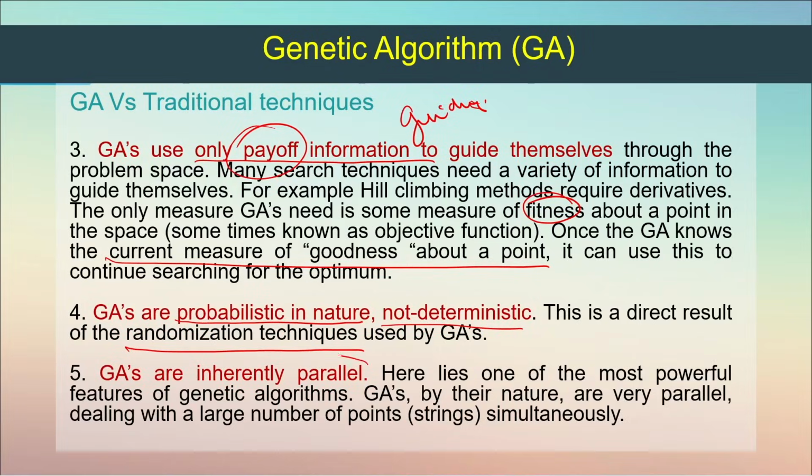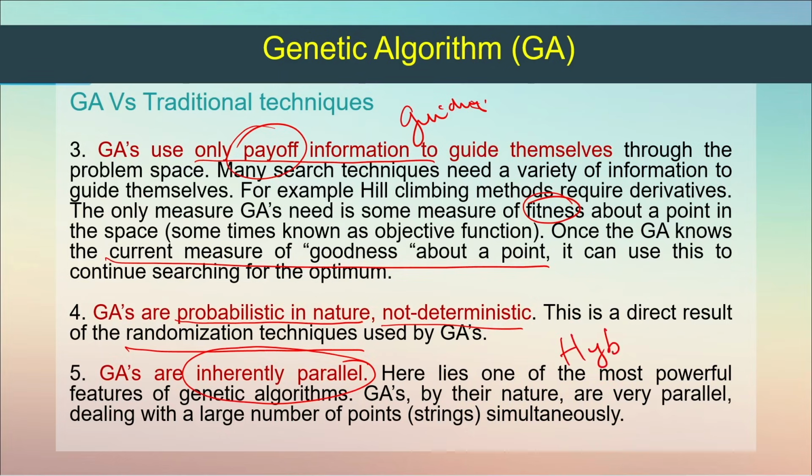And most importantly, the very powerful factor with respect to genetic algorithm is that it is parallel in nature. It means that genetic algorithm or the associated algorithms, in general gradient based and non-gradient based search algorithms, are easily parallel with some other algorithms. So you can create hybrid algorithms using the genetic algorithm.